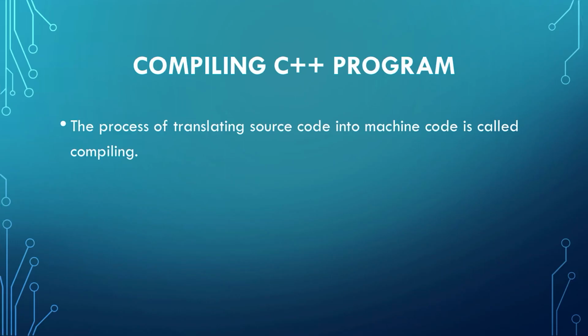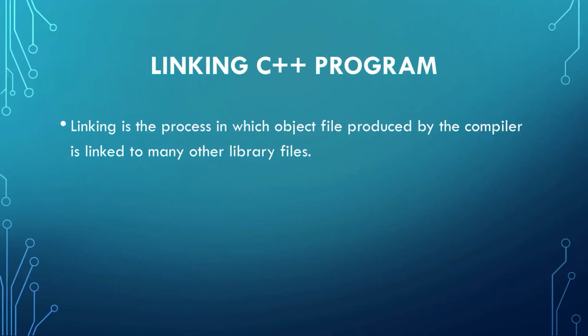Next comes linking. Linking is the process in which the object file produced by the compiler is linked to many other library files. Now we know what actually library files are. Many of the tasks which are repeatedly done, for example taking input, print, giving output, and many other tasks.